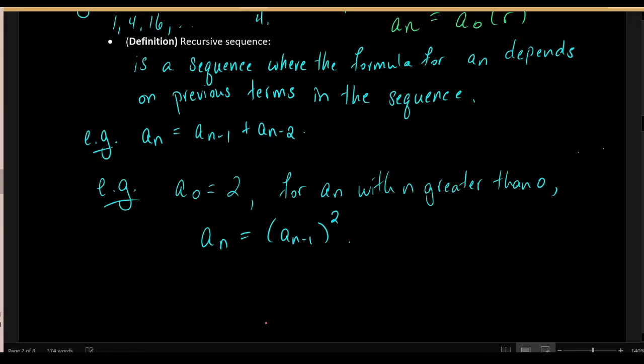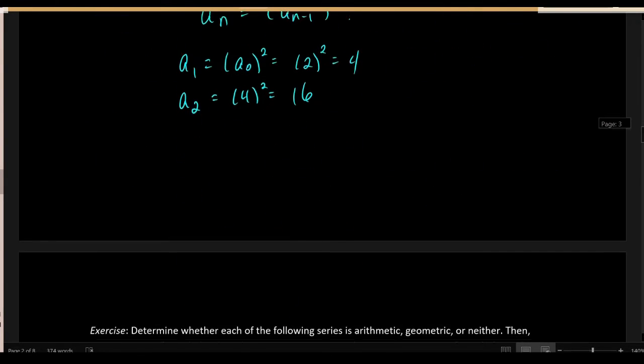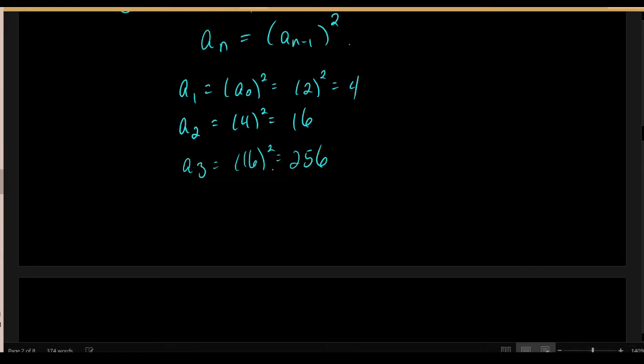This would be another example of a recursively defined sequence. A1 would be a naught squared, 2 squared, 4. So A2 would be 4 squared, 16. So A3 would be 16 squared, 256, and so on and so forth, for as long as you wanted to do these calculations.